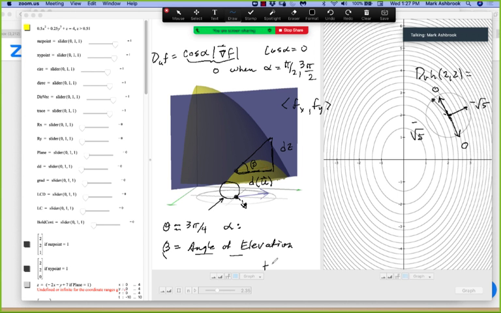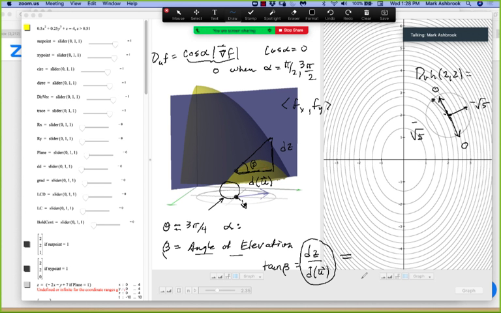Tangent, right? Tangent of beta would be opposite over horizontal change. But what's that? What is the change in z over the change in horizontal? Would that be the directional derivative? That's exactly what the directional derivative is.